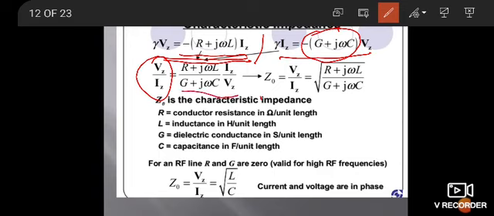That means Vz by Iz, but you can see that we are getting gamma also. Gamma by gamma is 1, and the minus of minus is going to be cancelled, and similarly we get R plus j omega L into Iz by Vz.